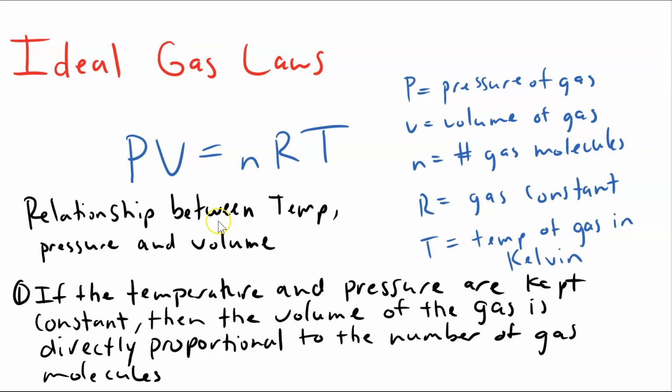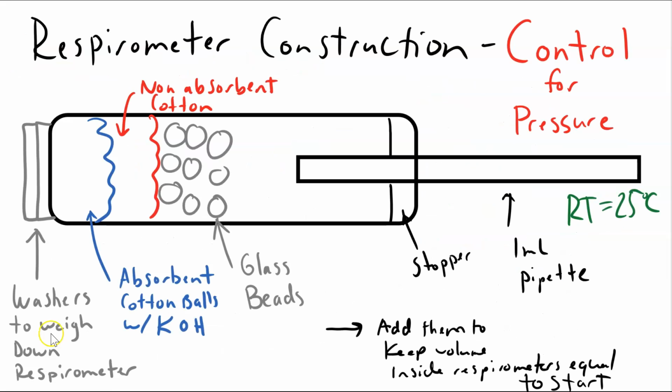The key part for us is if we keep temperature and pressure constant, the volume of the gas inside the respirometer is going to be directly proportional to the number of gas molecules. So as oxygen is consumed in the respirometer, you'll get an idea of the number of oxygen molecules left over. By the setup of the experiment, we've controlled for variables, and then you can see the relationship between those components of that equation.